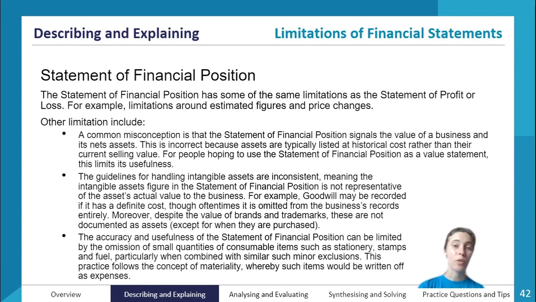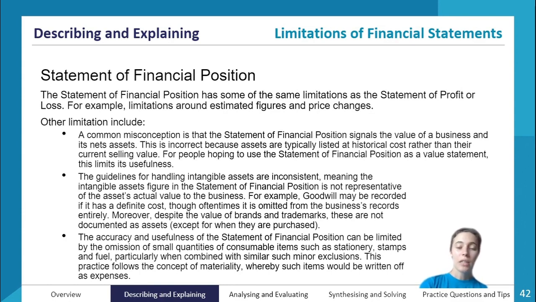For example, if you purchased a building 10 years ago, then it is listed at the price that you paid for it all that time ago. But with the property market, it's probably gone up in value, but that is not reflected on the statement necessarily. So for anyone who's hoping to use the statement as a value statement, it's actually got limited usefulness in terms of that.